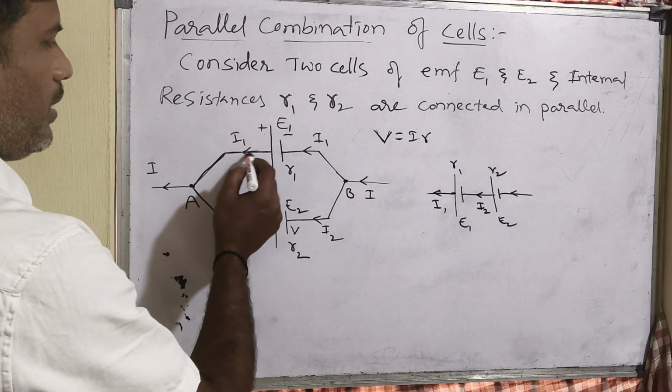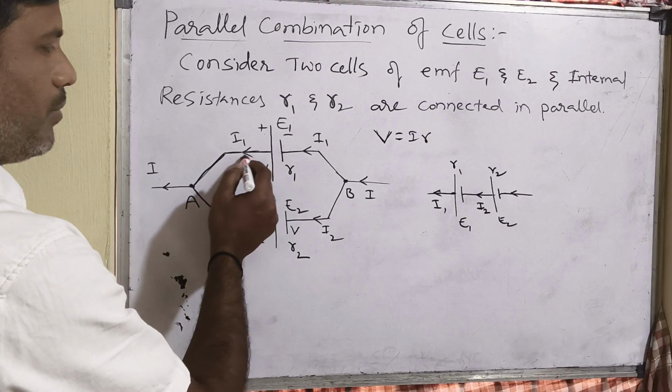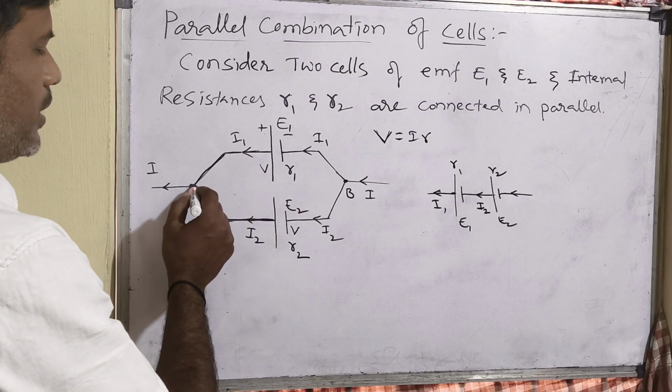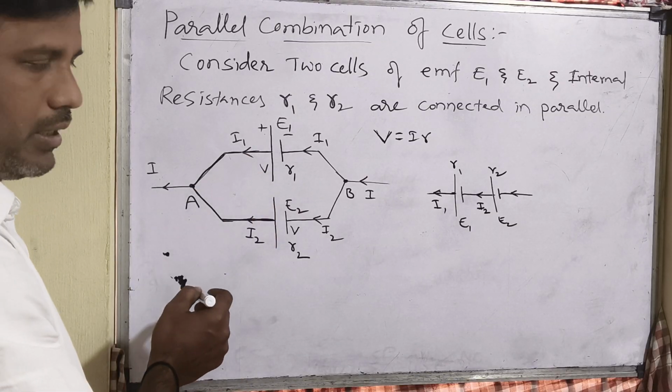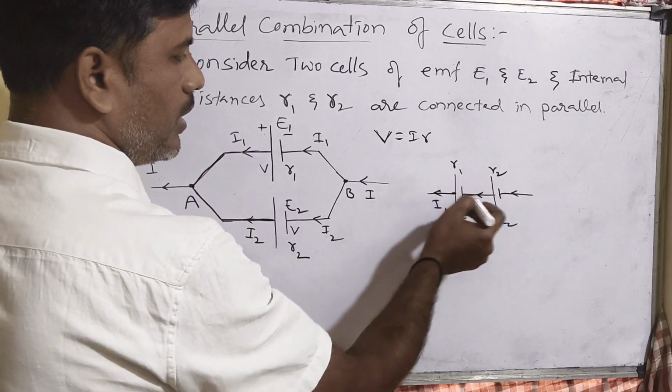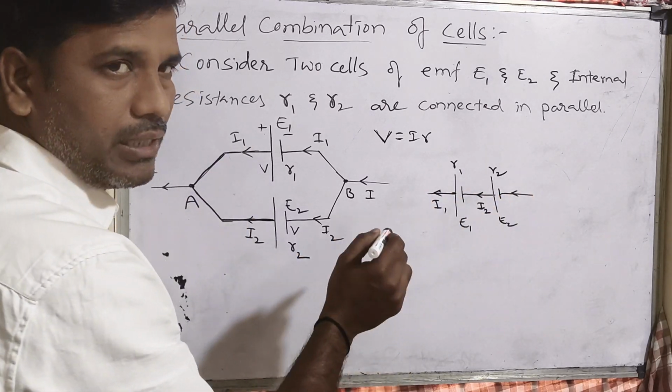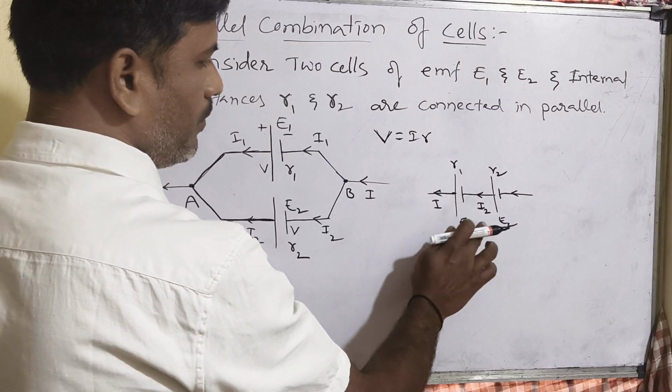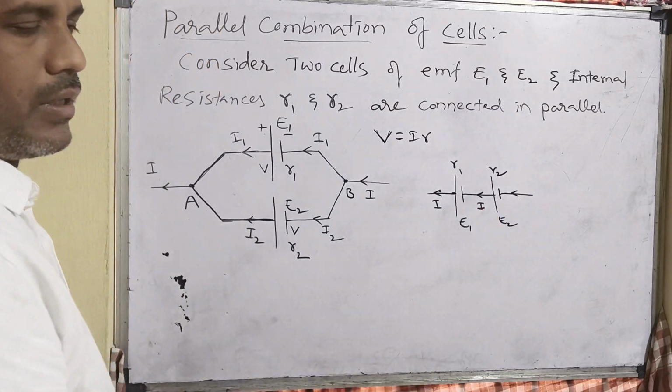Because in the parallel circuit, current passes through two wires that are joined together at one wire, so different currents are there. But in series the current passes through the same single wire, so there is no current difference.